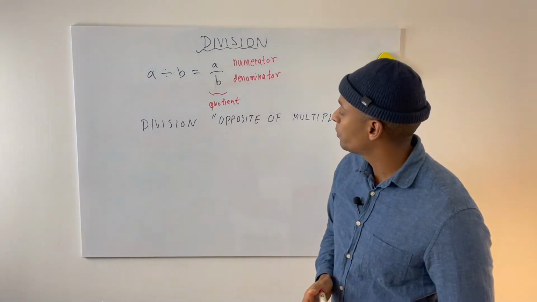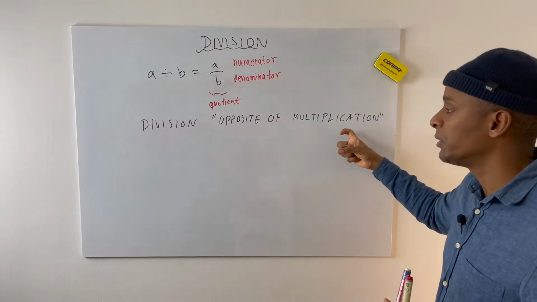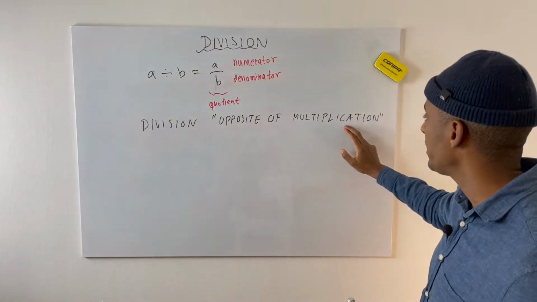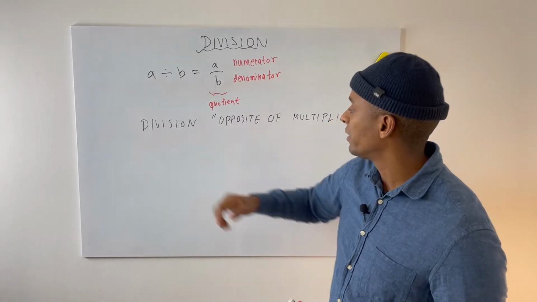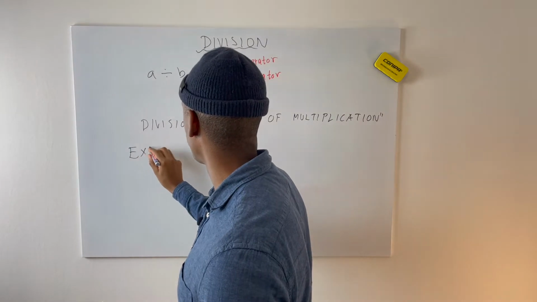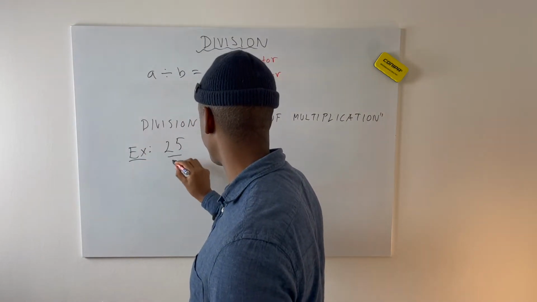This is going to turn out to be a very good thing because we studied really hard about multiplication. So a lot of things that we learn about multiplication, we can use for division. Let me show you what I mean. Let's take 25 divided by 5.